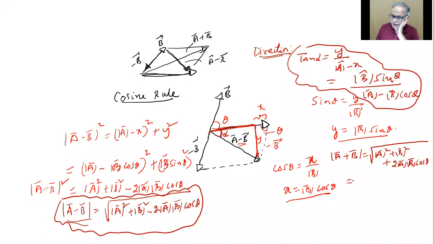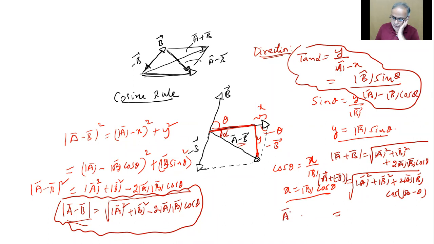So if I substitute there, I'll get mod A square plus mod B square plus 2 mod A mod B cos 180 minus theta under root. Cos 180 minus theta is minus cos theta, children. This is for A minus B, this is not A plus B. Here I am writing A plus minus B mod.